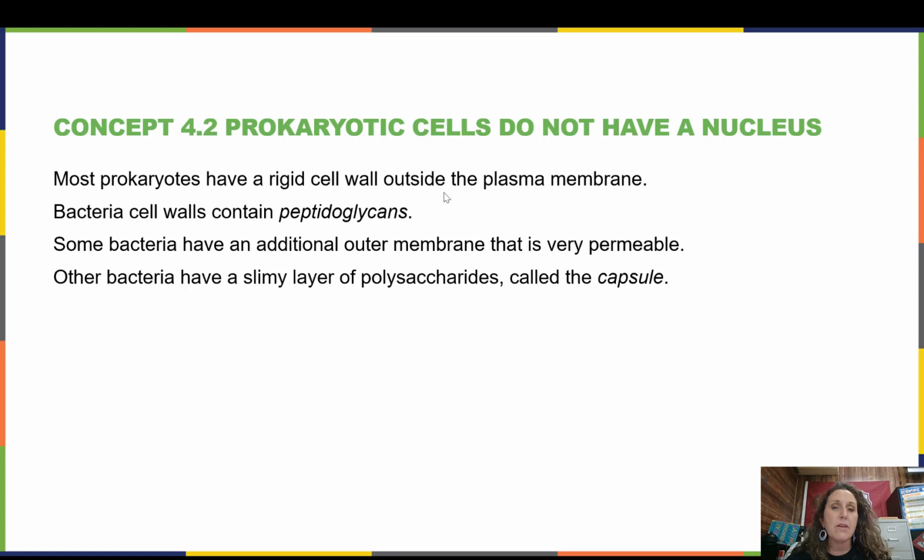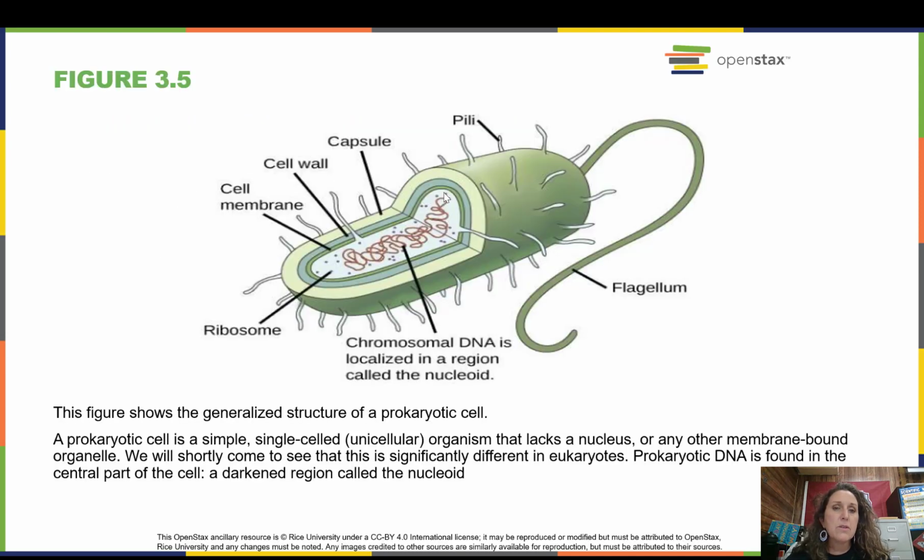Then some bacteria are even going to have an extra membrane. So you have a plasma membrane, which is just a normal cell membrane. Then you have the cell wall, which is rigid and is going to provide some stability and some security. And then you even have an extra layer of polysaccharides, which we know are long strings of sugar, that is called a capsule.